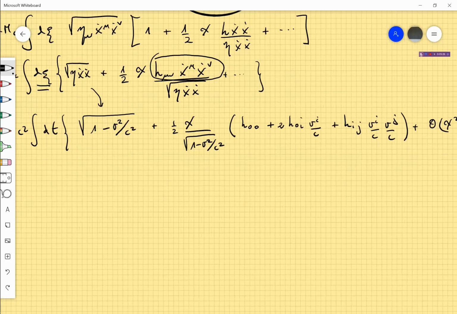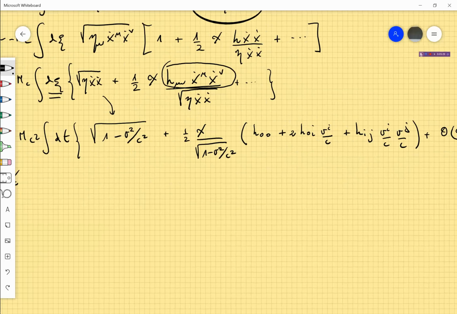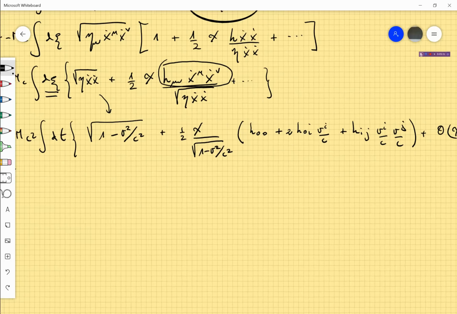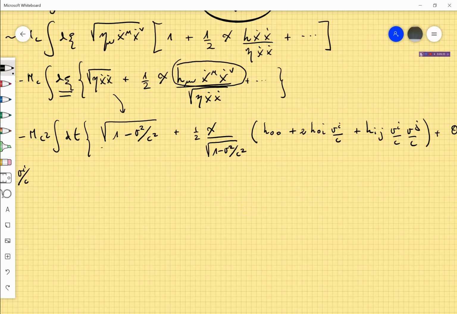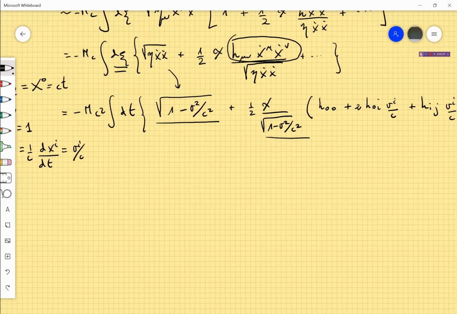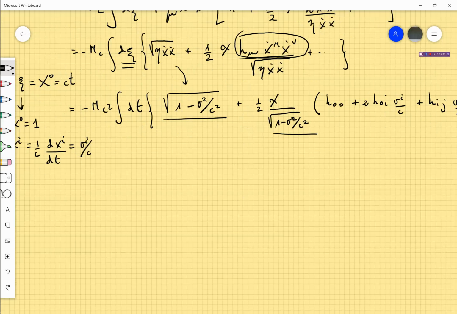Okay, for the moment this is what we have, and now I'm going to expand this square root, ignoring all the terms which are of order v squared divided by c squared squared. So I am just going to take the first relativistic correction, if you want.